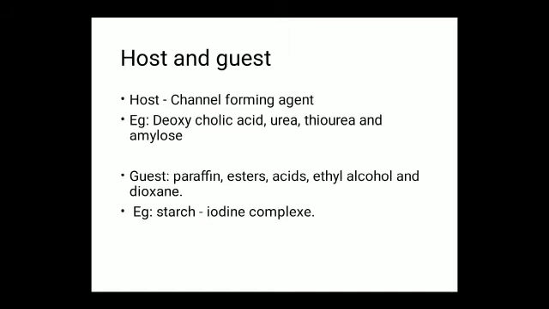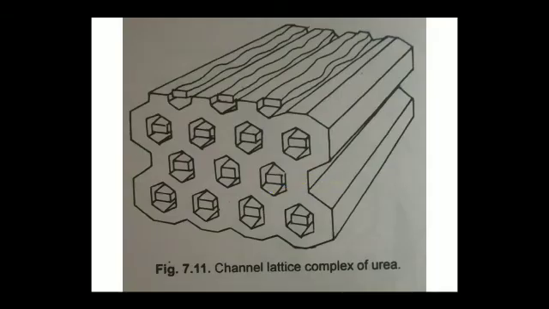These are the agents used for formation of channel type complexes. The most commonly used example is the starch and iodine complex. The channel lattice complex of urea is shown in the following diagram.